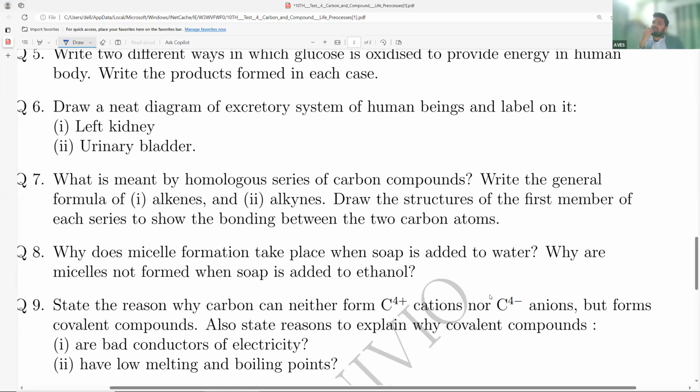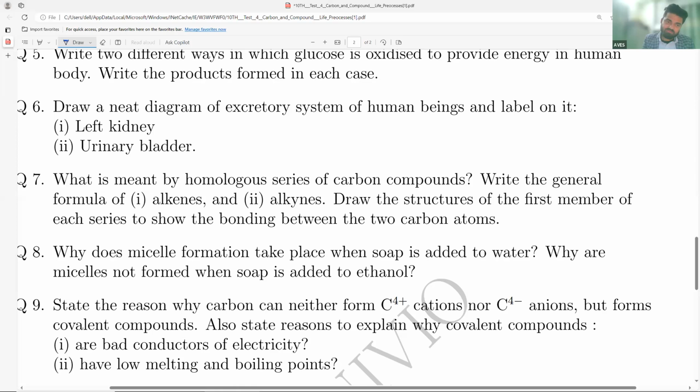Can two homologs have the same functional group or a different functional group? Same functional group. Yes, two homologs must have the same functional group. Let me explain with an example.